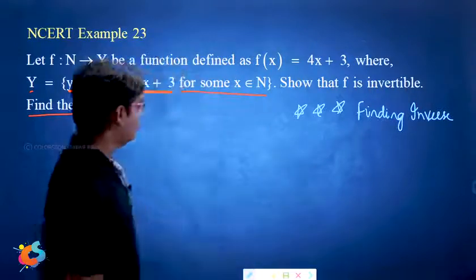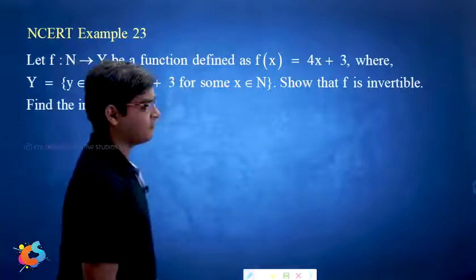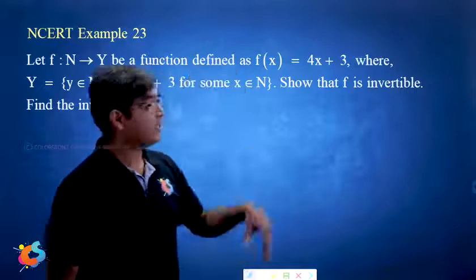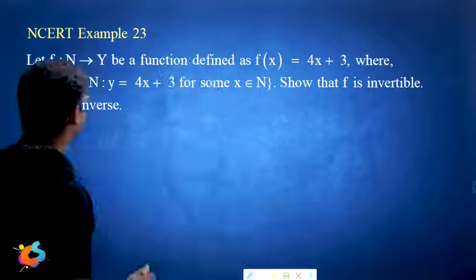Okay, so as I told you, this is very important from the board's perspective, and of course, from the competitive exam perspective also, finding the inverse is important. Okay, let us come back.